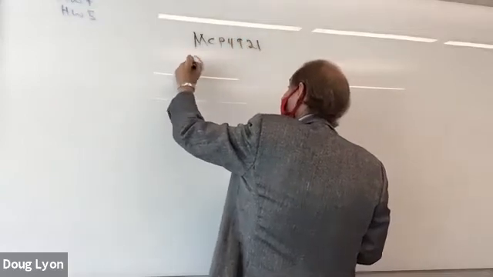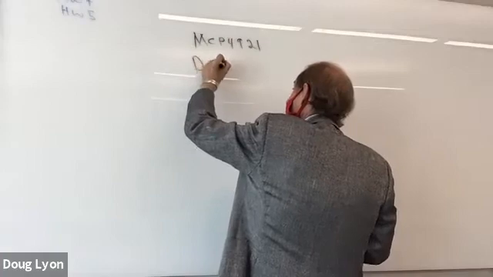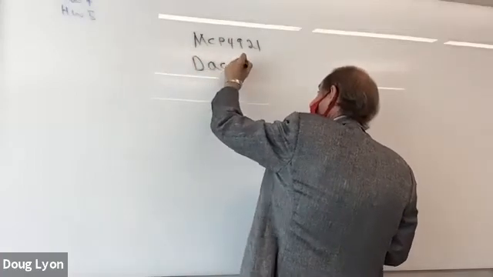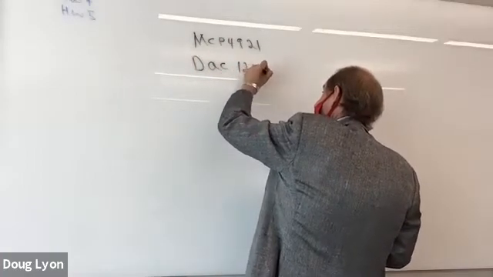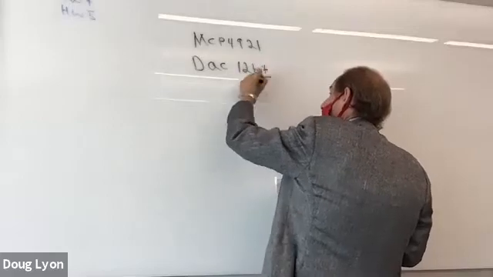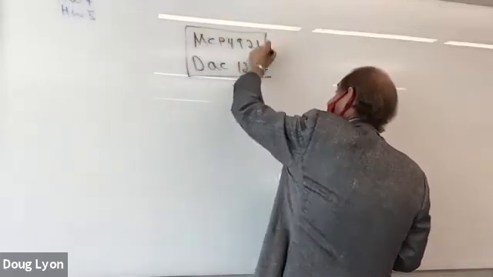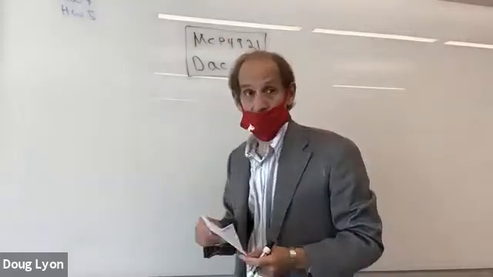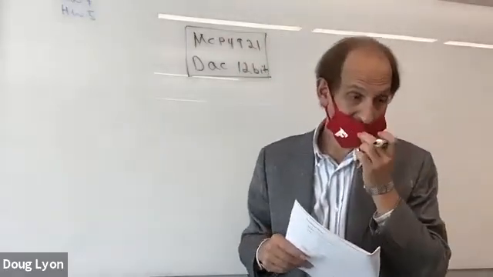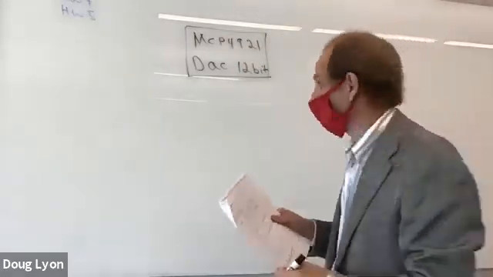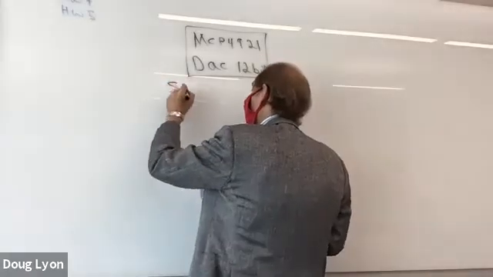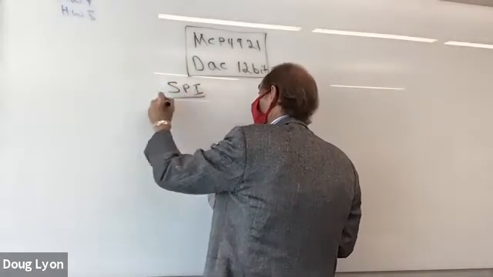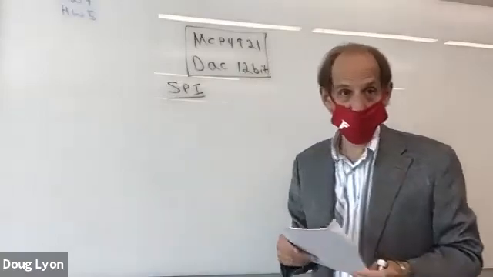And the 4921 is a solid state 12-bit DAC made by Microchip. And so what we're going to do is we're going to learn how to program this thing using the serial peripheral interface, which we have been studying in the past.